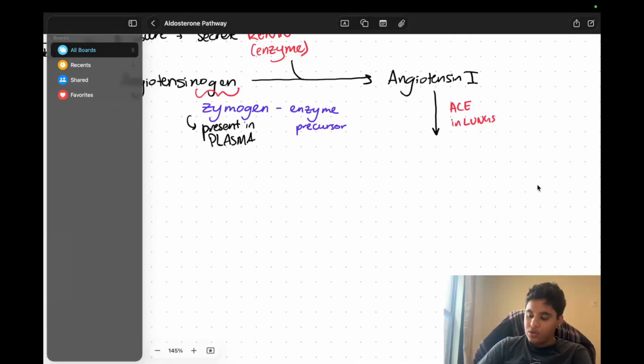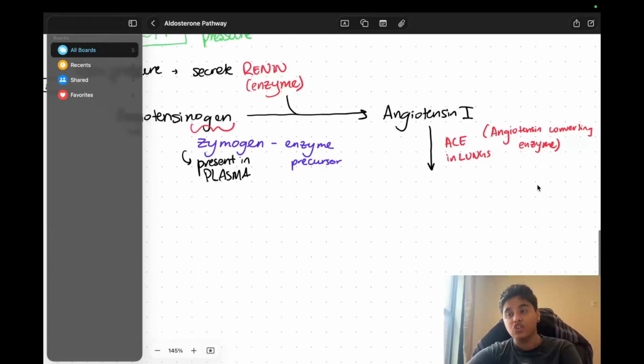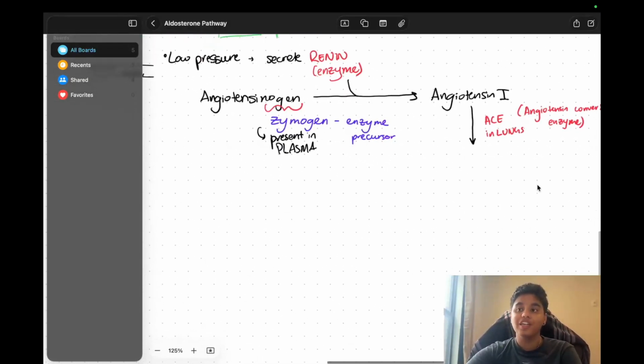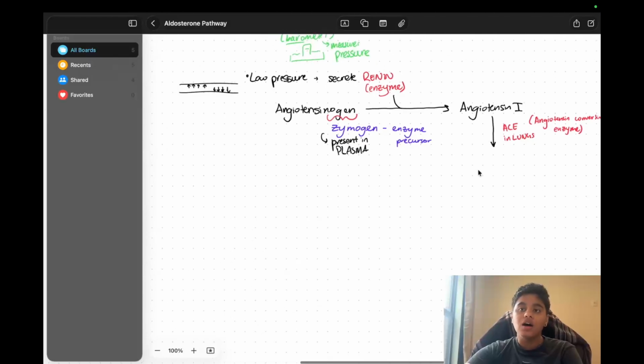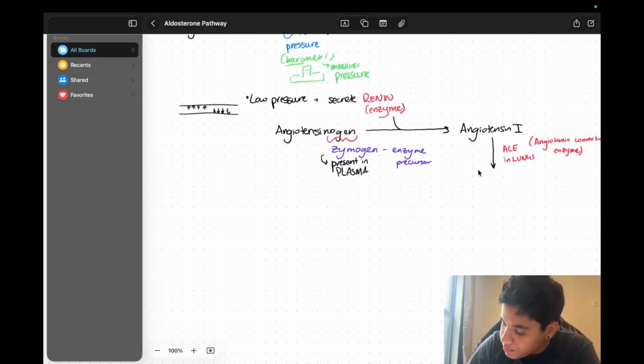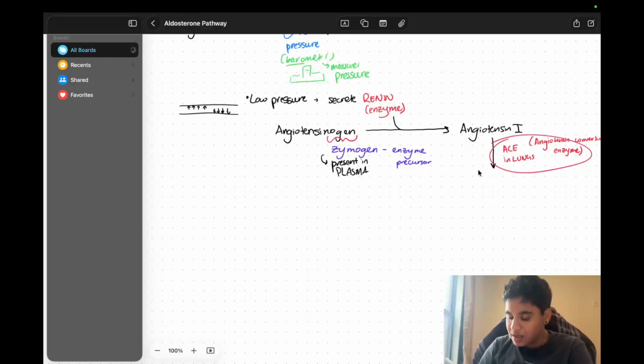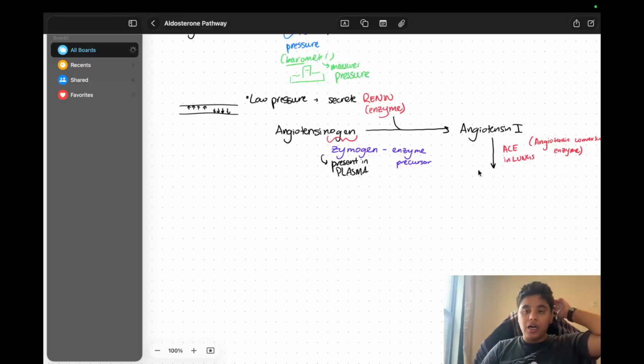ACE stands for angiotensin converting enzyme. Now, if you're on a blood pressure medication, or you know someone who's on a blood pressure medication, you might have heard of the term ACE inhibitor. This is the enzyme that those are inhibiting.